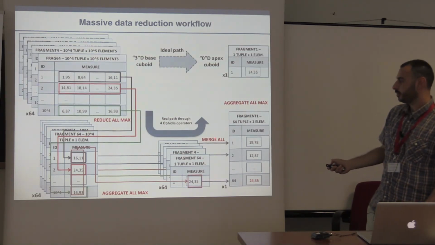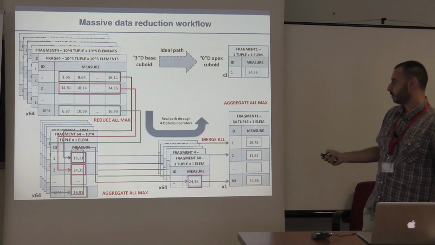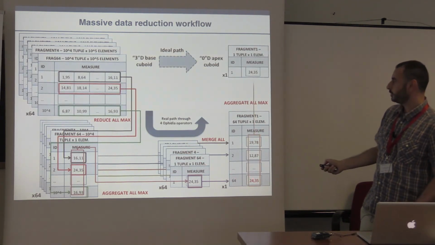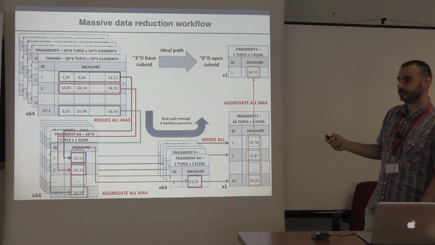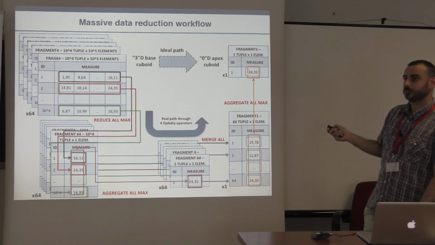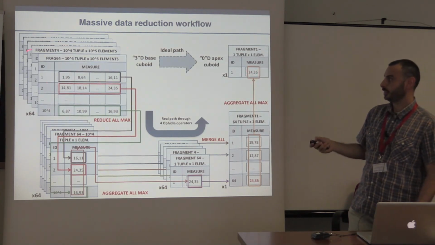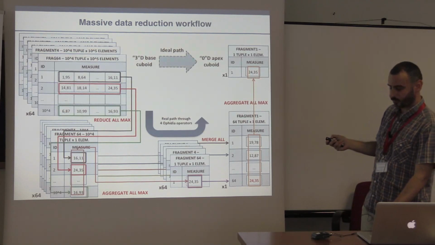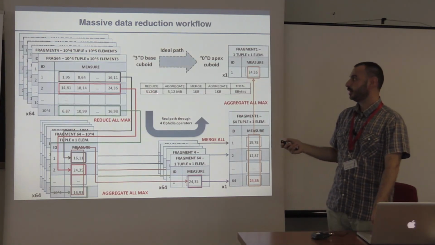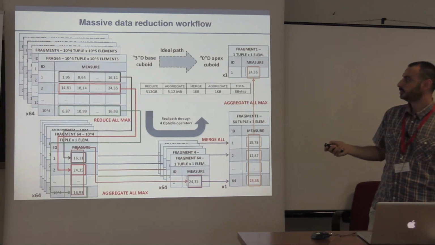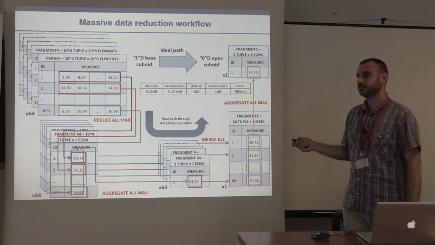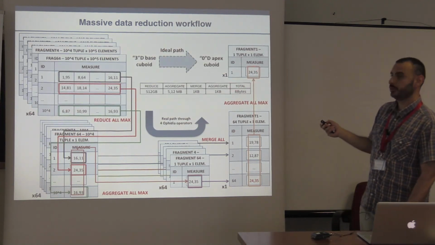We merge all the fragments into a single fragment. Then the last operation of aggregation in order to find the maximum value of the entire data set. Starting from 512 gigabytes of data, with 4 steps, we reach 8 bytes of data. That is the maximum value.